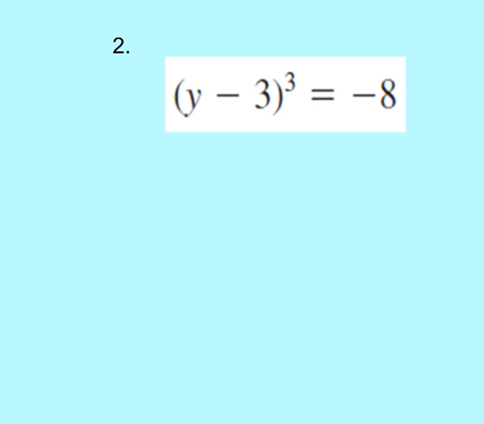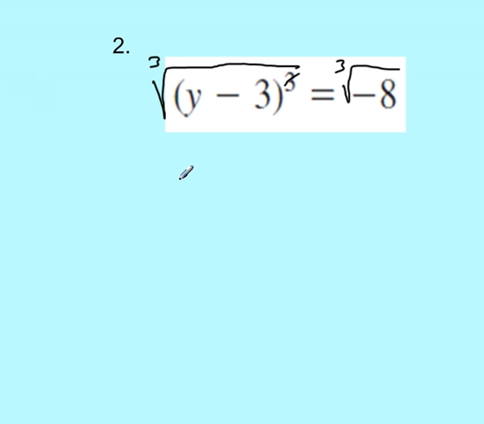For number 2, we have y minus 3 cubed equals negative 8. To get rid of a cube, we have to take a cube root. Same way that we get rid of a square, we take a square root. We're going to see a lot of similarities between these. So we're going to take the cube root of the left side, and then we have to take the cube root of our right side. A cube root cancels out a cube.